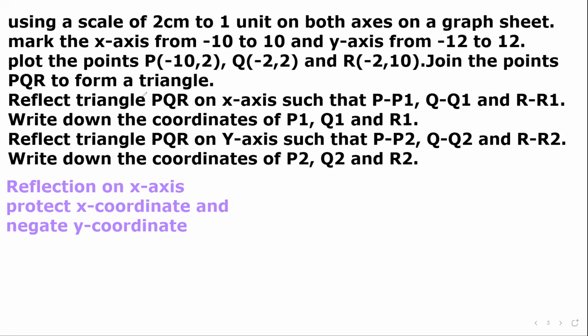Therefore, looking at this one here, point P is negative 10 and 2. So here, when you have the x and y, the reflection will be, because you are protecting the x coordinates, you will not touch the x coordinates, because the reflection happens on the x-axis, which means when you're using the graphical interpretation, the x-axis will serve as a mirror line to reflect the object directly opposite to the other side.